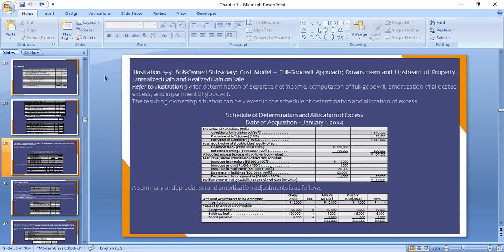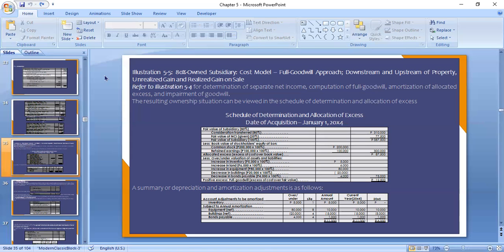Now, for illustration 5-5, an 80% owned subsidiary using the cost model, full goodwill approach, downstream and upstream sale of property, unrealized gain and realized gain on sale. So we have now to refer to illustration 5-4 for determination of separate net income, computation of full goodwill, amortization of allocated excess, and impairment of goodwill.